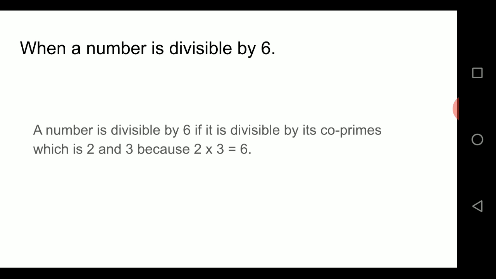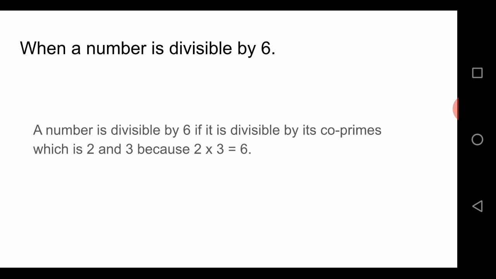A number is divisible by 6 if it is divisible by its co-primes, which are 2 and 3. If the number is divisible by 2 and also divisible by 3, then it is divisible by 6. That is what they want to tell you.